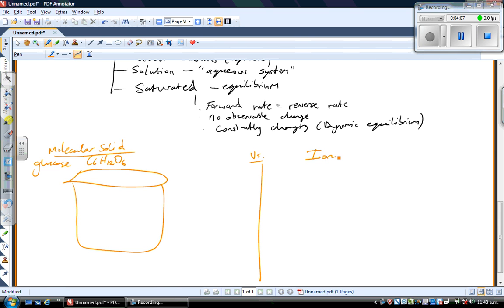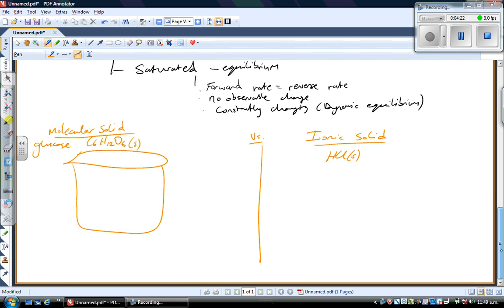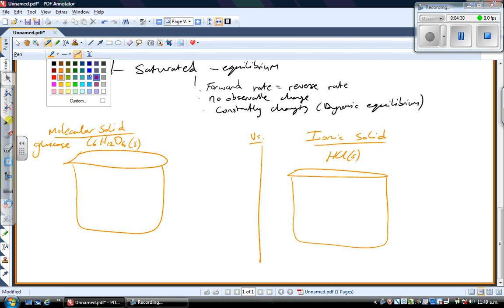We're comparing that then to an ionic solid, and a good example of that could be just HCl, solid HCl. You're going to dissolve both of these in water. So the physical states are very important when you're writing these equations, and I tend to tell my students to just always include physical states no matter what area of chemistry we're looking at. I'm going to use a blue here now for the aqueous solvent.